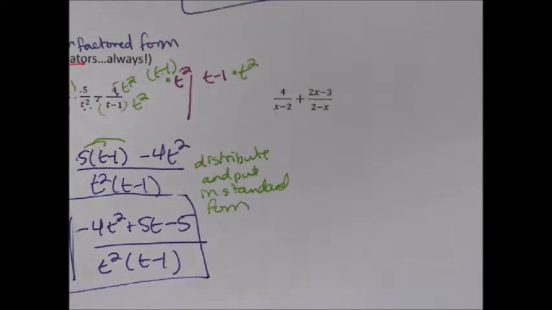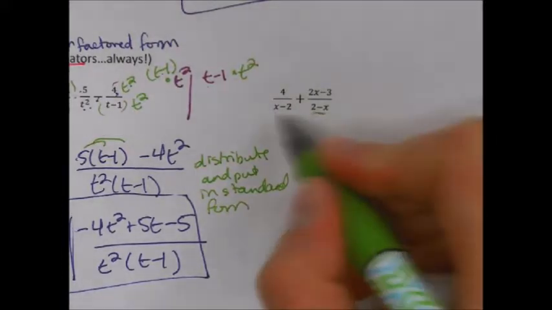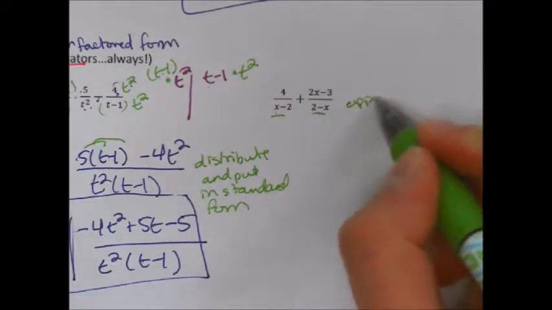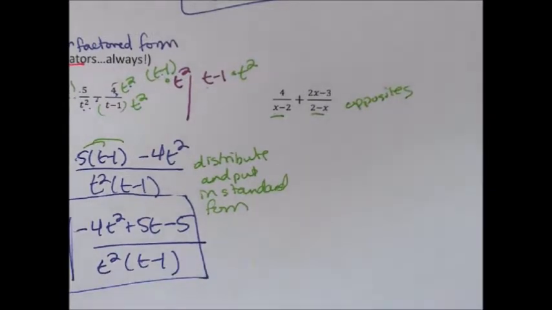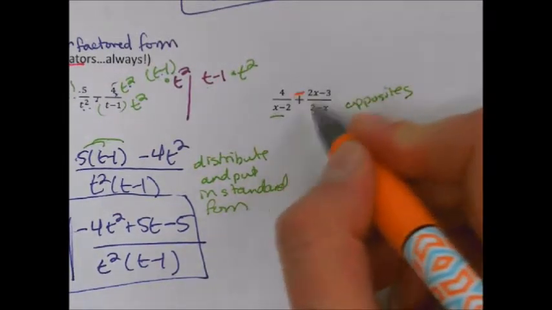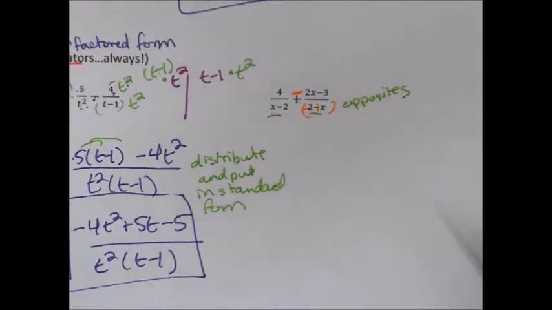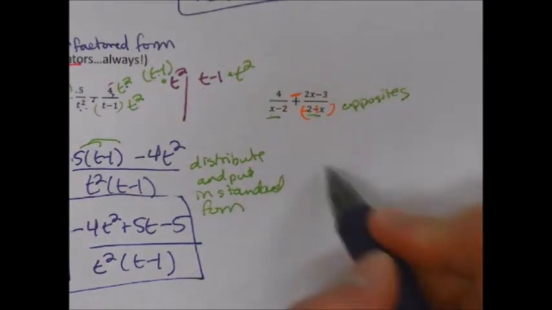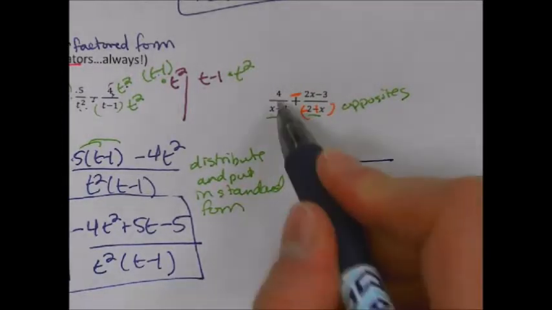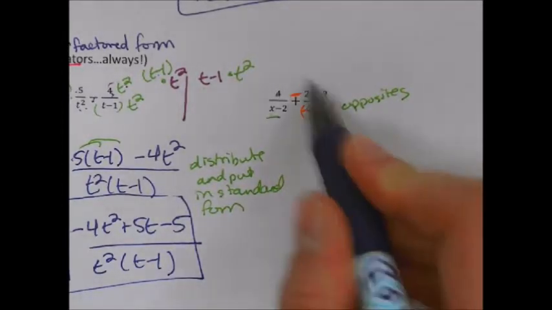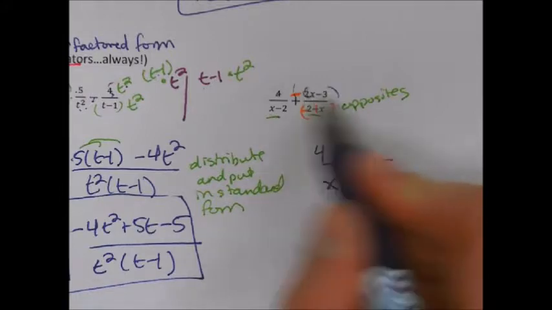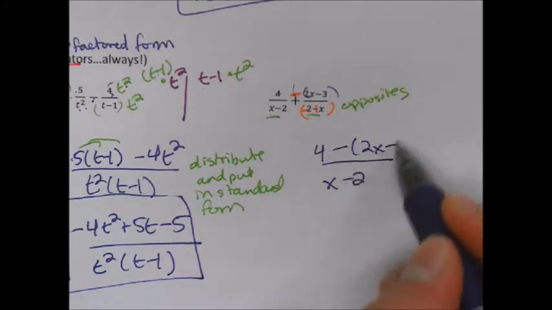Okay, so since they're opposite, we can make this negative and switch our signs. Now our denominator is x minus 2. What do I have on the top here? 4, and this is negative times 2x minus 3.